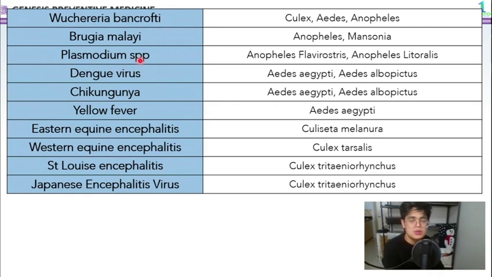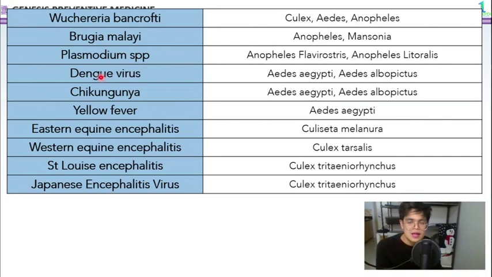So, Plasmodium falciparum, Plasmodium ovale, vivax, and Plasmodium knowlesi. Plasmodium is the causative agent of malaria. There are two species of Anopheles that transmit malaria: Anopheles flavirostris and Anopheles littoralis.